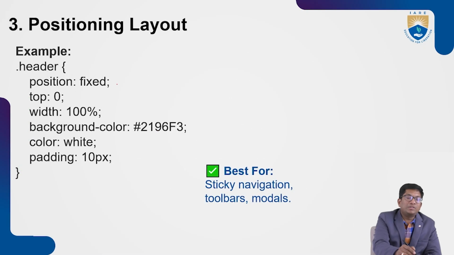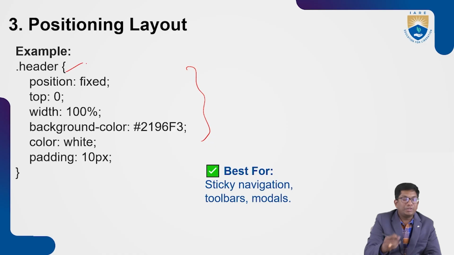Simply give different properties for the header section. Using a div element, give the class, right? So create one div section, and in this we give class equal to header.